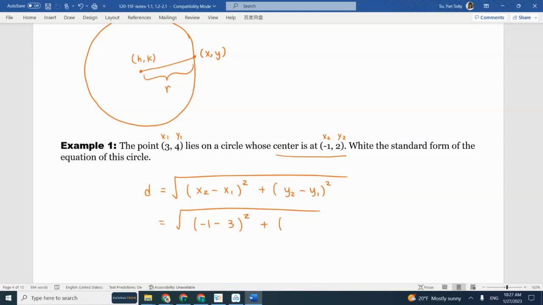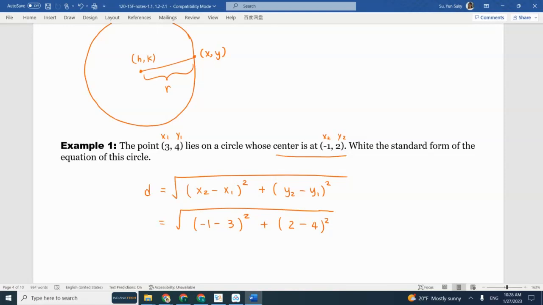And now y2 minus y1 is 4. By the way, you can use this point as x1, y1, and this point as x2, y2. The order does not matter because it's squared. In this case, -1 minus 3 is -4.